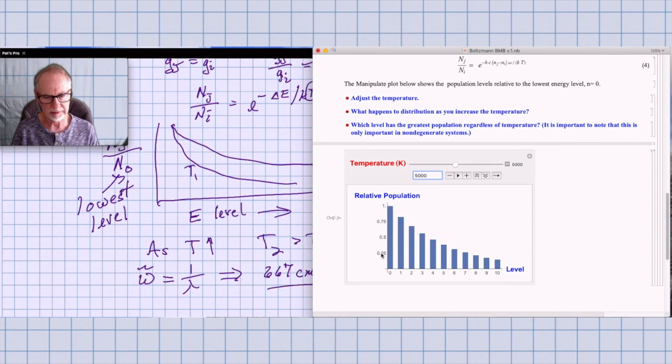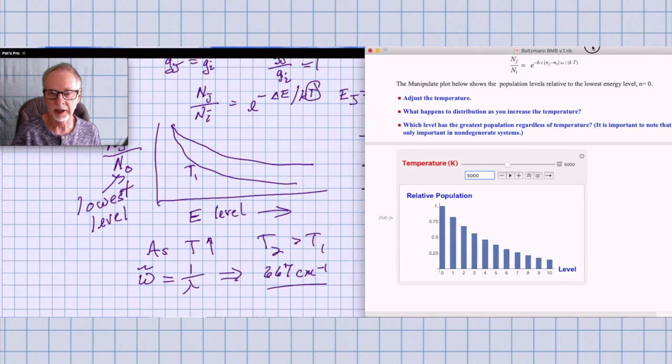Just estimating from this graph, relative to energy level 0, at this particular temperature, we would say that level 8, and let me go back to this energy level diagram here.